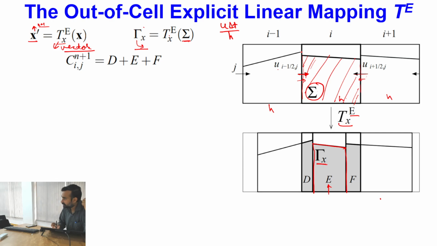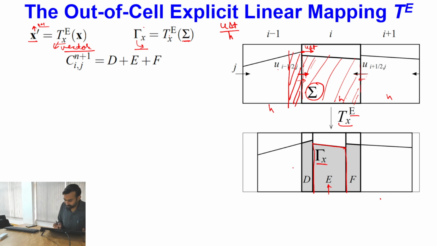This portion, how much it is translating inside this, that is my U delta T. Okay. So ultimately, U delta T will be representing this portion. This is the portion U delta T. So once this cell has compressed, then this much portion of U delta T has entered into the cell. All are clear with this point?